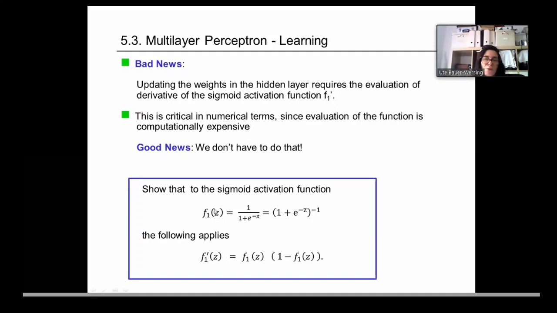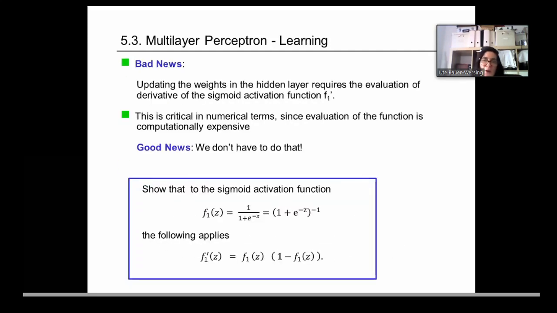The derivative of the sigmoid activation function can be calculated by using the function value of f itself. The derivative of the sigmoid is given by the sigmoid itself times 1 minus the sigmoid itself. So we can use the outputs of the neurons in the hidden layer to calculate the derivatives, but we have to store them. That we do anyway.